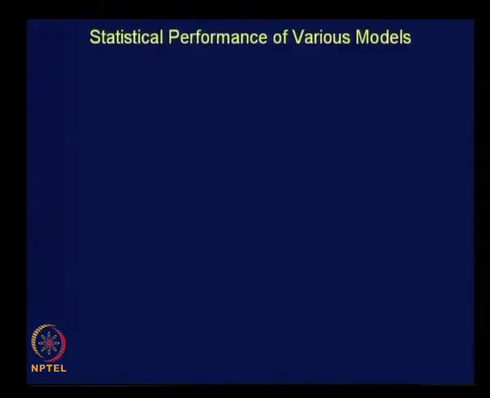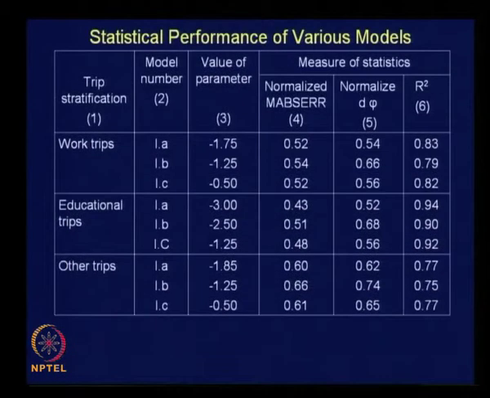Let us look at the statistical performance of the models that we listed earlier. You may recall we had data pertaining to work trips, educational trips and other trips. We decided to have these formulations, model 1A, 1B and 1C as doubly constrained models.